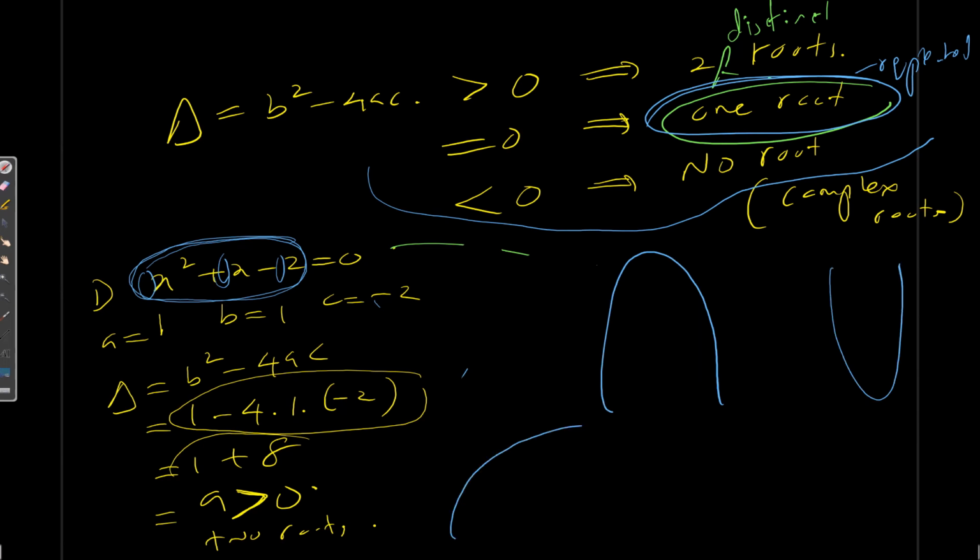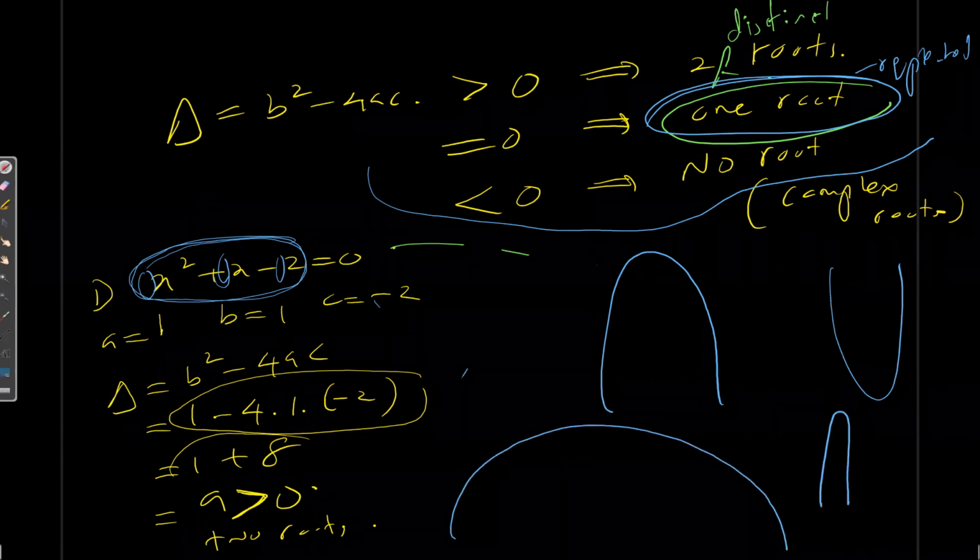It can be fat, it can be thin, according to the numbers, but it will look like that. Now, let me erase this again.